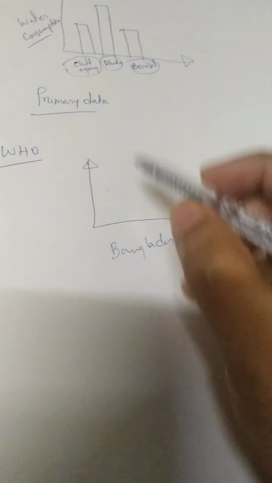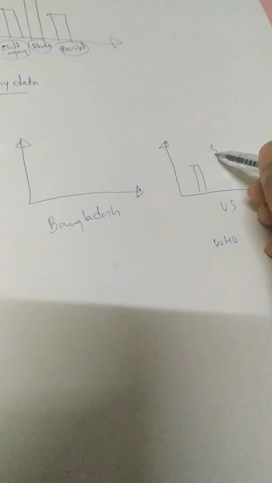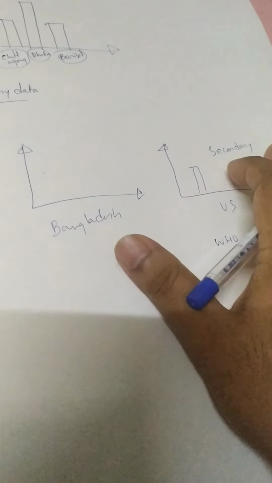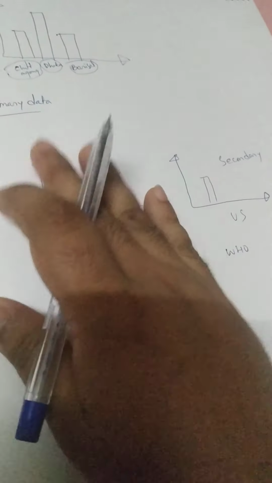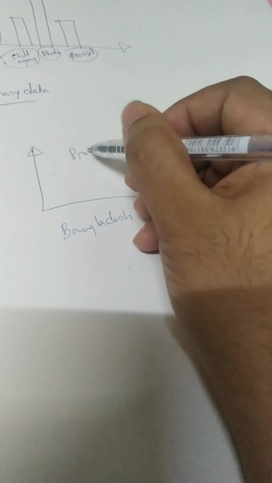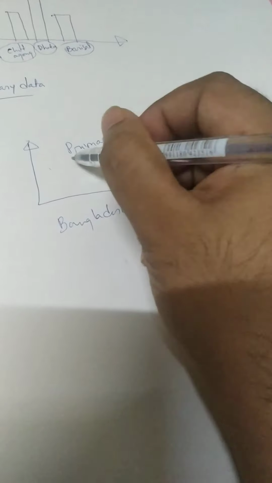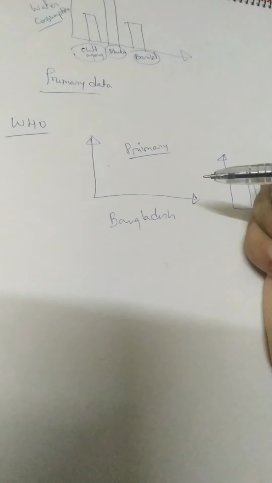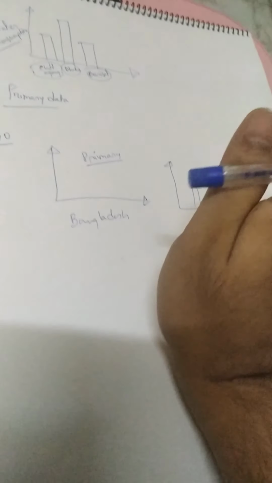I hope it's clear. So for the US, the data is secondary data because I collected it from the WHO website, the World Health Organization. And for Bangladesh, since I have done the research, it is primary data, okay. So I hope it's clear what is primary data and what is secondary data.